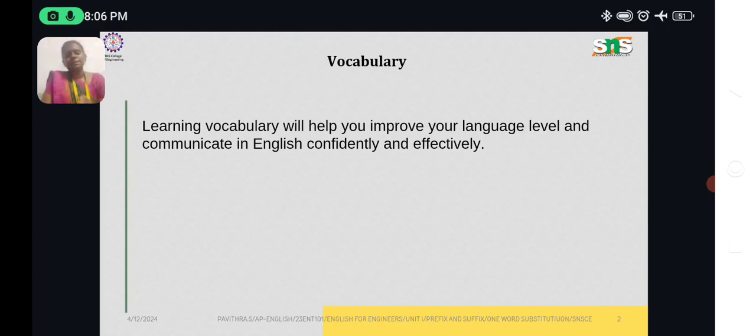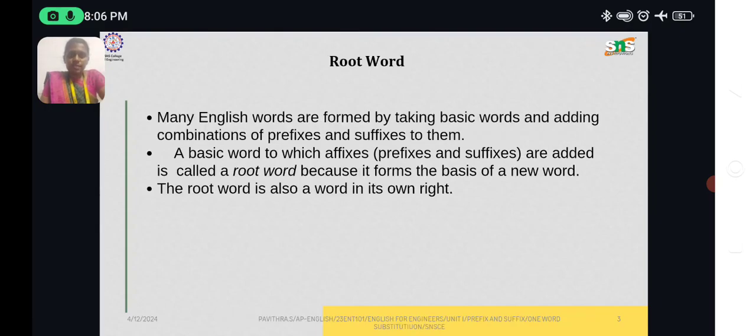This is the thing which comes by vocabulary learning. Actually, there are n number of vocabularies in English, not only in English, in every language, but we are focusing on English.